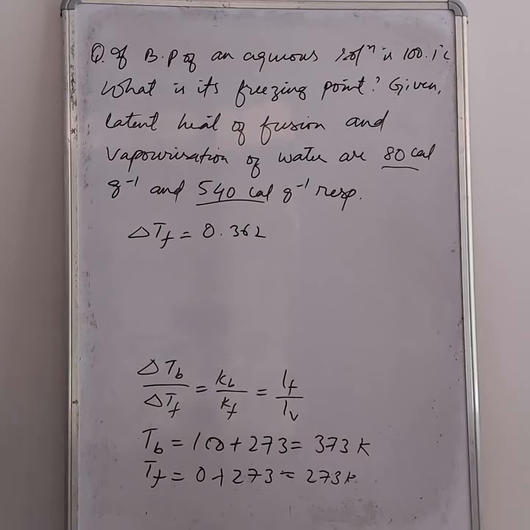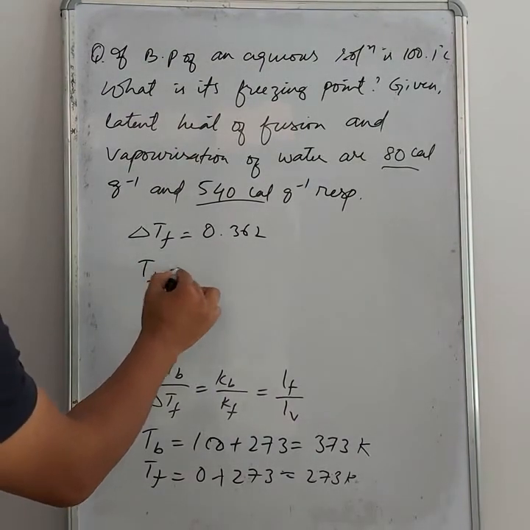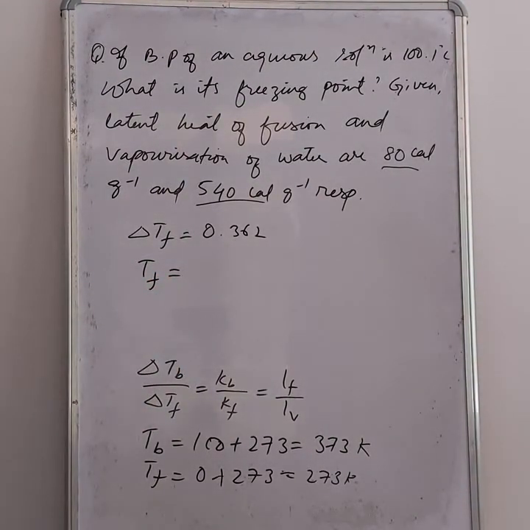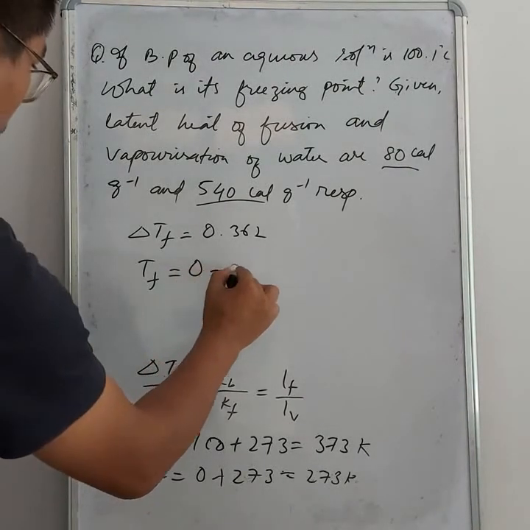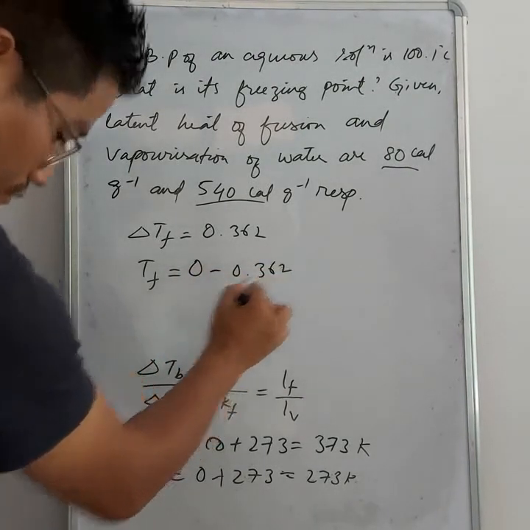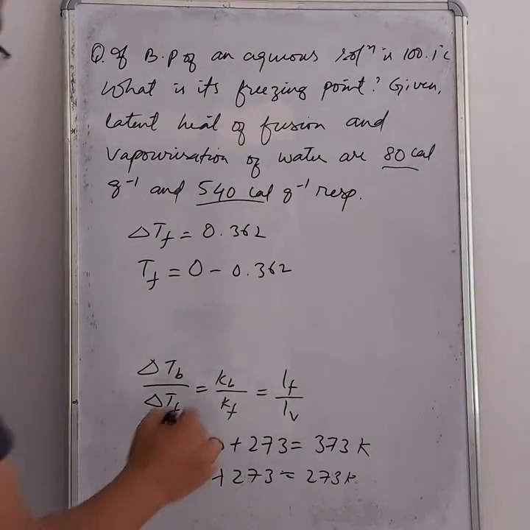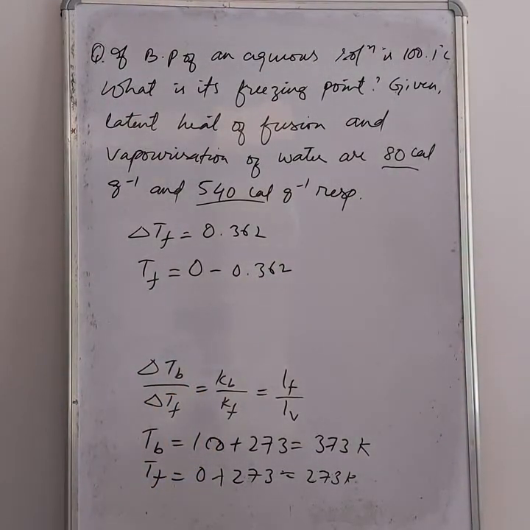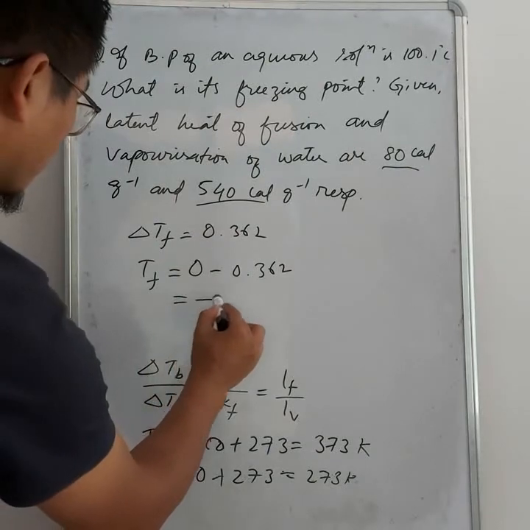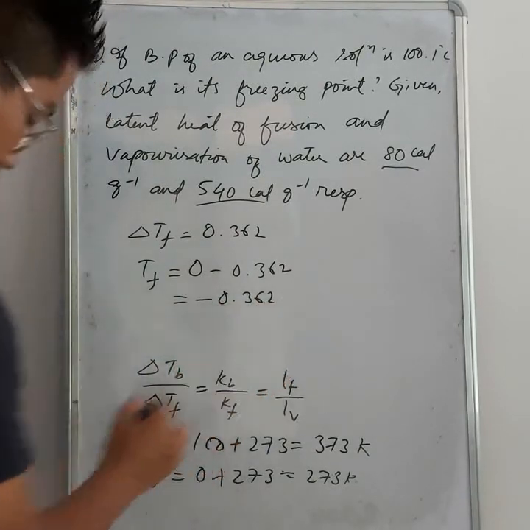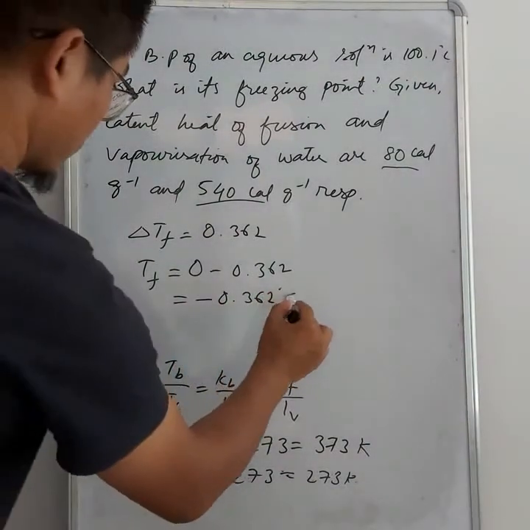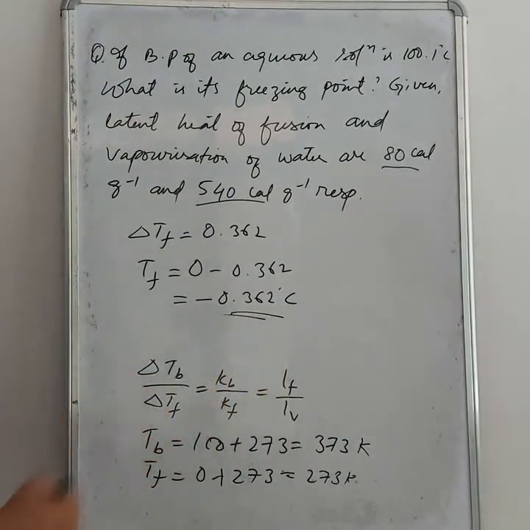So the temperature of the freezing point is 0 minus 0.362, so minus 0.362 degrees Celsius. So that is our solution.